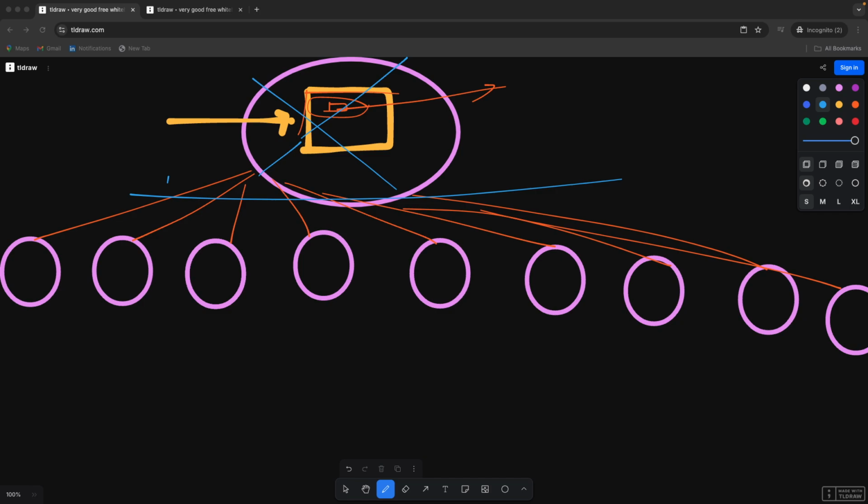This is a name server. This is a very specific thing which he has mentioned.